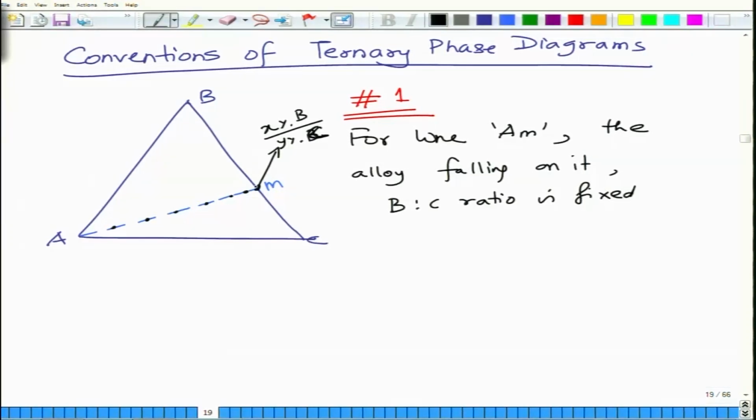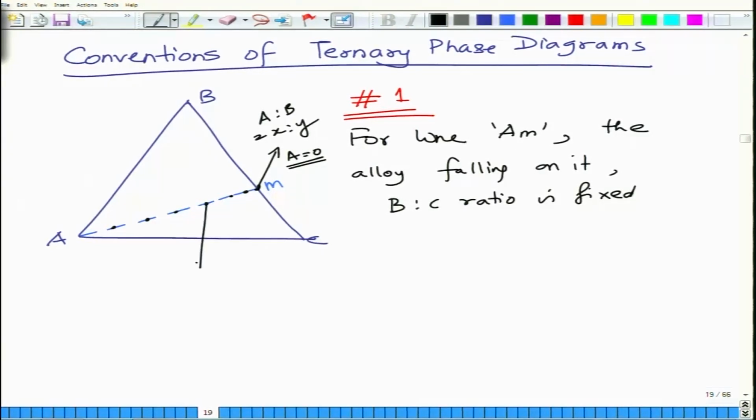But since you are at this line, there is no A, so A is equal to 0 at this point. So the ratio of B to C is equal to X is to Y, all right.